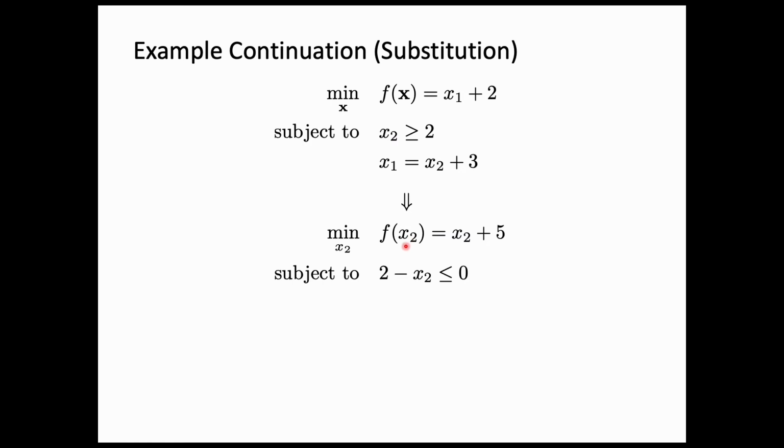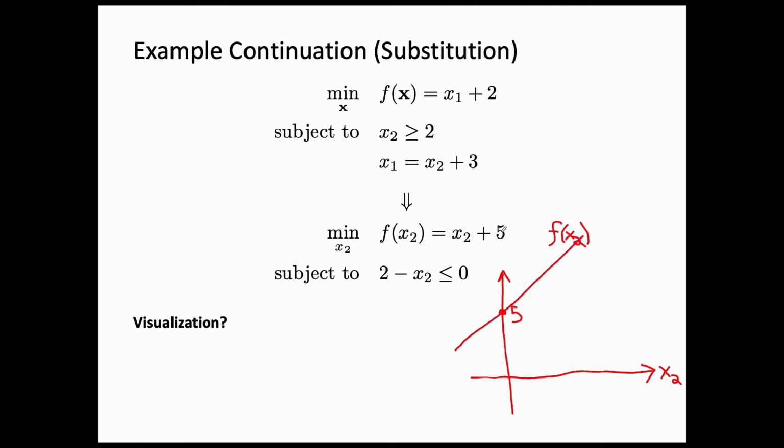Previously, we visualized this problem in a two-dimensional space. Now we can start to think about it in a one-dimensional space. Here, the objective function x2 plus 5 is plotted in this space. We also have this constraint that x2 must be greater than or equal to 2.